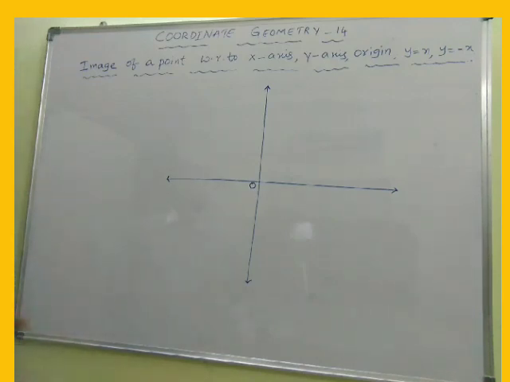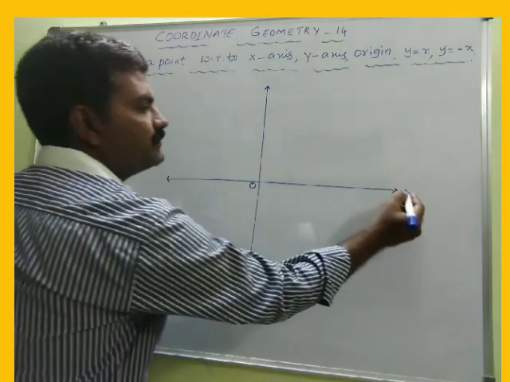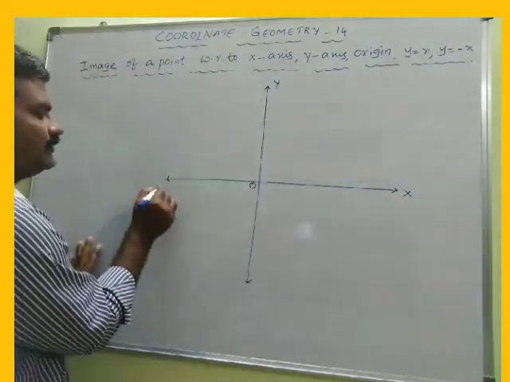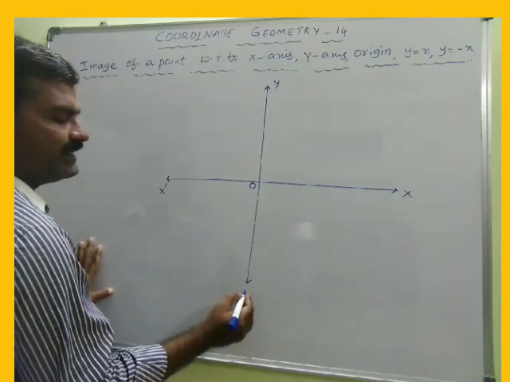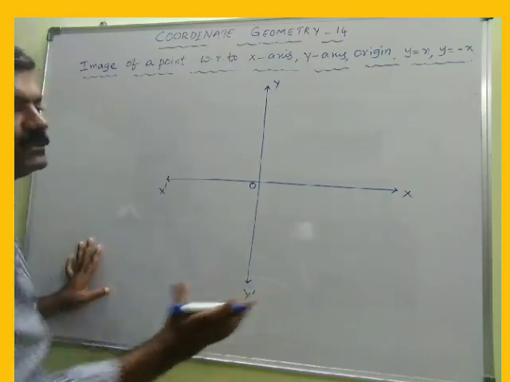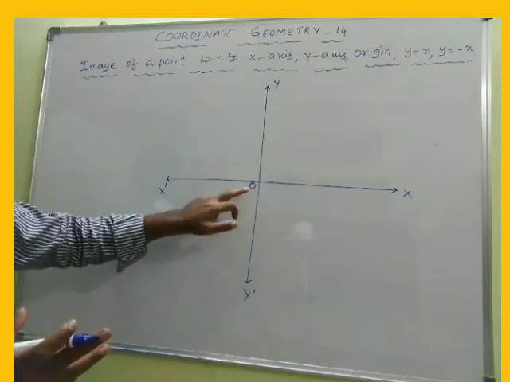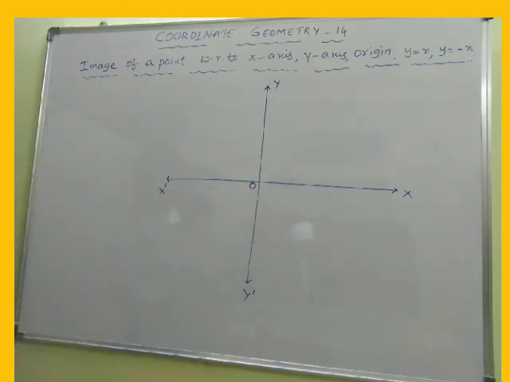To explain this concept, first let us consider a coordinate system, that is the x-axis and y-axis. Of course you all know this is the negative x-axis as well as the negative y-axis, and the point of intersection of the coordinate axes is the origin, denoted by O.